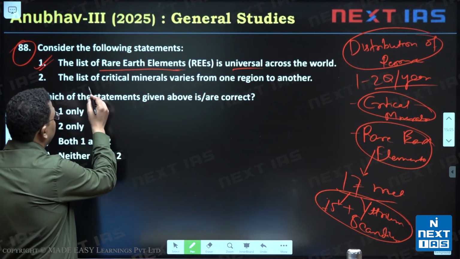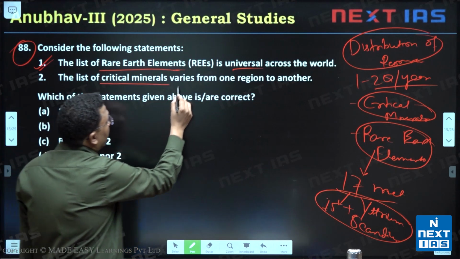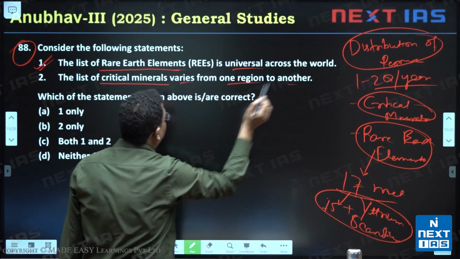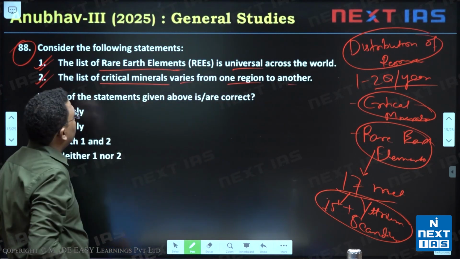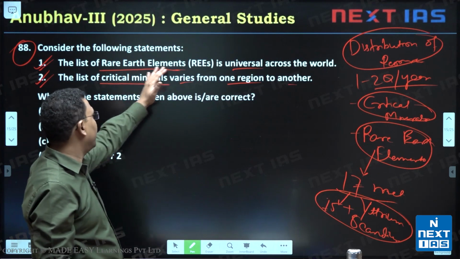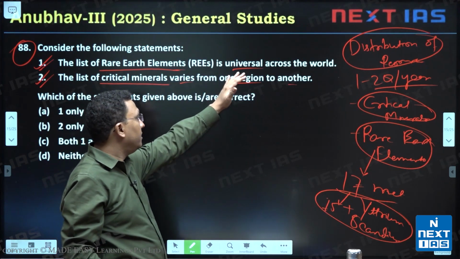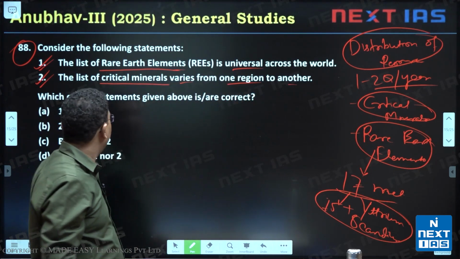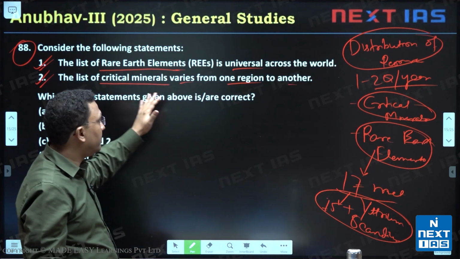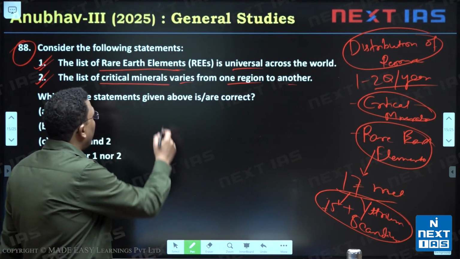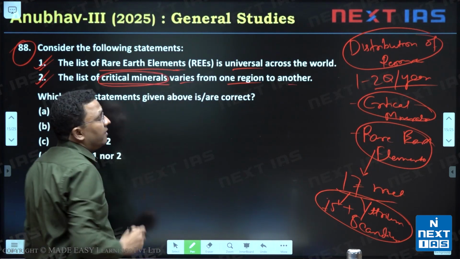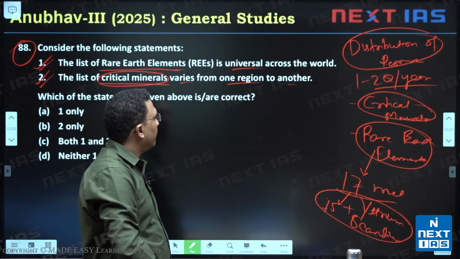Second statement says the list of critical minerals varies from one region to another. This is correct, right? So while the list of rare earth elements is accepted universally across the world, the list of critical minerals is not fixed, right? So how is a critical mineral decided? So let's say there is a country, right?